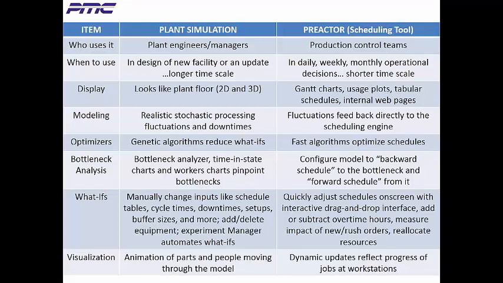Where the what-ifs come into play is when the scheduler uses drag and drop capability to adjust the timing and the routing of specific orders, to measure the impact of new or rush orders before they're sent to the floor and to reallocate existing resources.